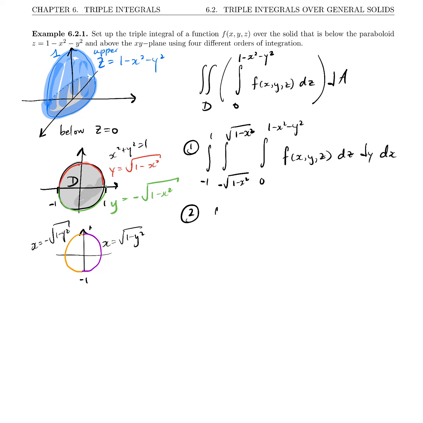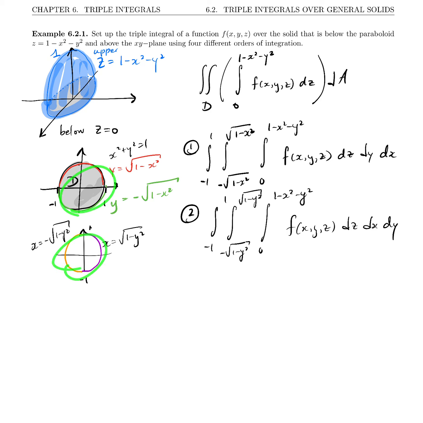And so we would get the integral from minus 1 to 1 of the integral from minus the root of 1 minus y squared to the root of 1 minus y squared of that same inner integral of f of x, y, z, and this time dz, dx, dy. So that's one way that you can get a different order of integration, just by re-expressing that shadow region D as a type 1 versus a type 2 region. So that's kind of boring.